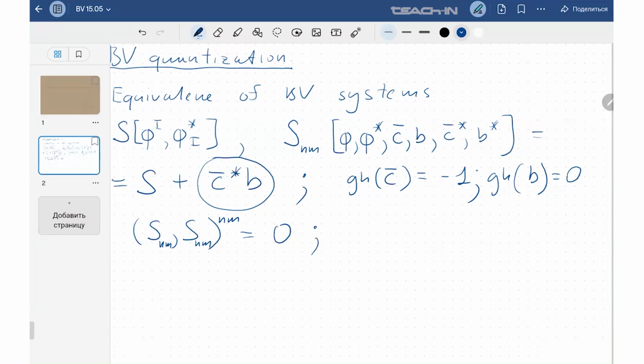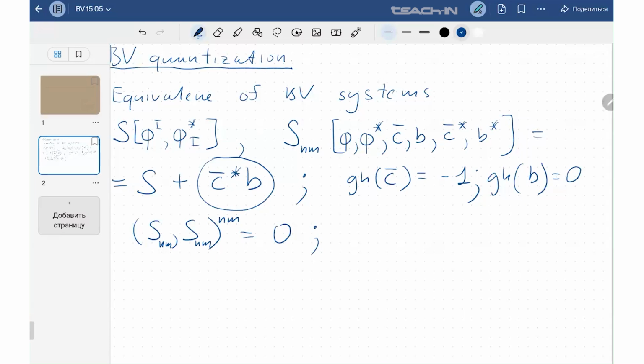The meaning is very simple. What are variables of degree 0? Variables of degree 0 are just b and c bar star.